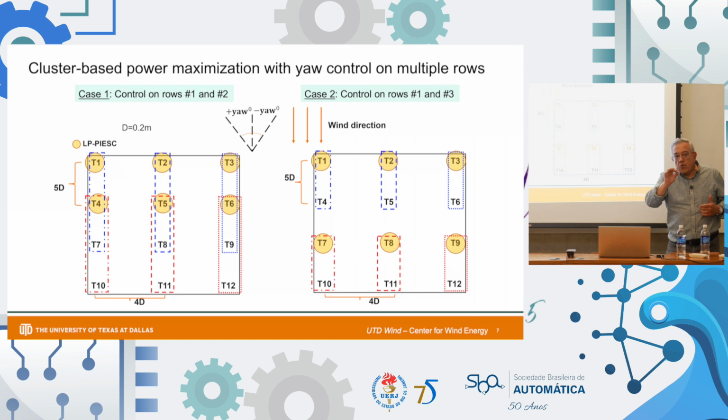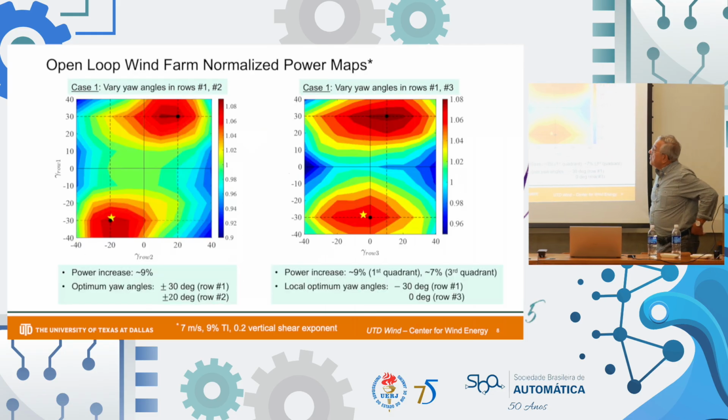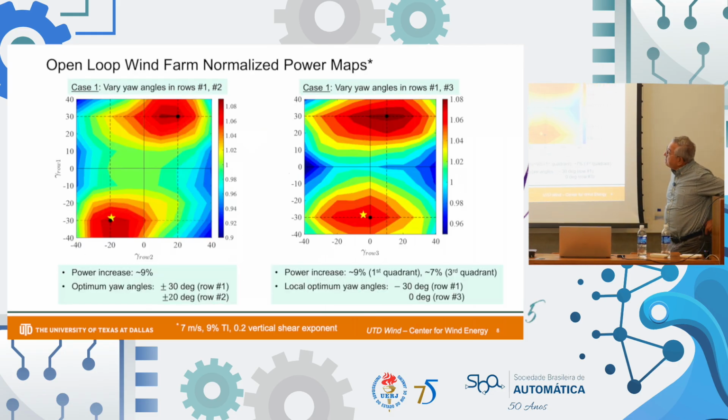The first thing we do is to try to understand where the optimal set points are for each case, and we do that open loop. So we start changing the yaw angle of the machines and measuring power to see where that is. And that's this plot. These are normalized wind power maps.